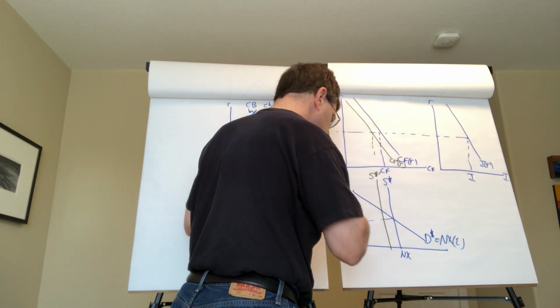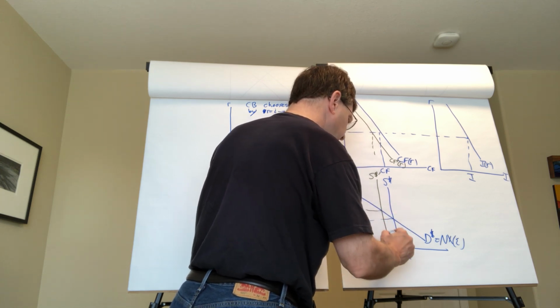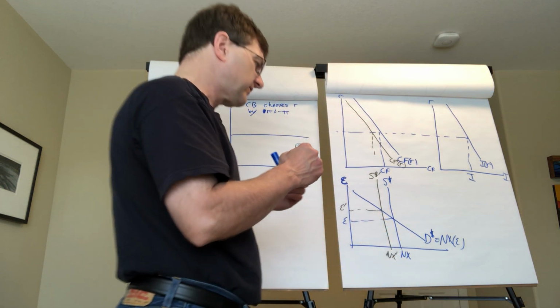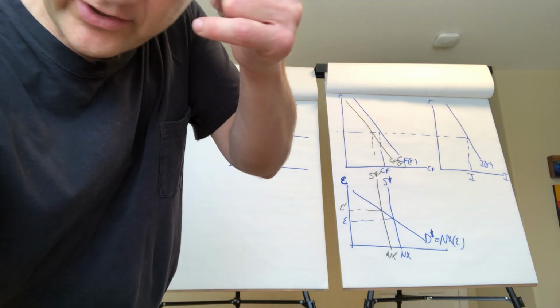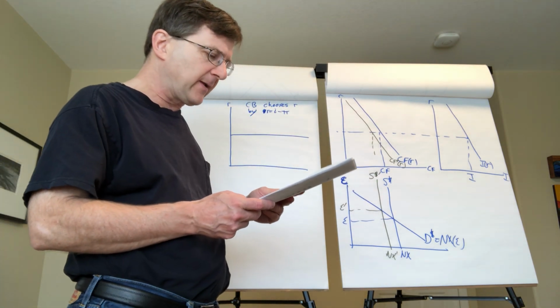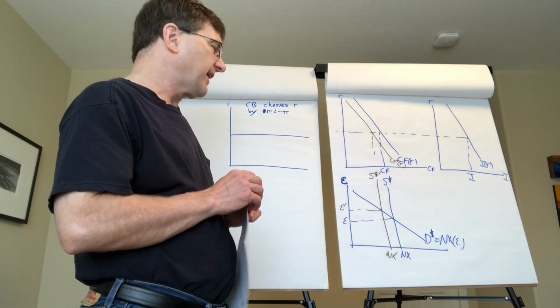The new level of the real exchange rate is higher. The new level of net exports is lower. Okay, now I think we're ready to look at the answer categories. So question 32 is asking about the real exchange rate and aggregate demand.